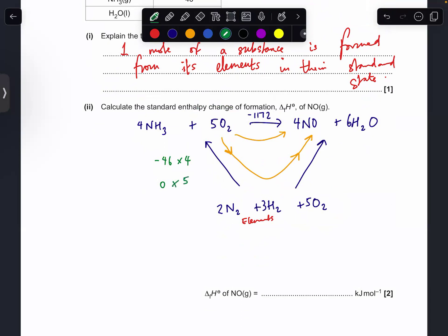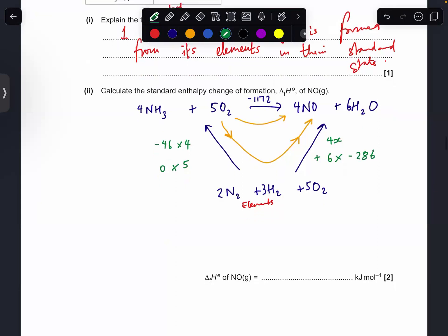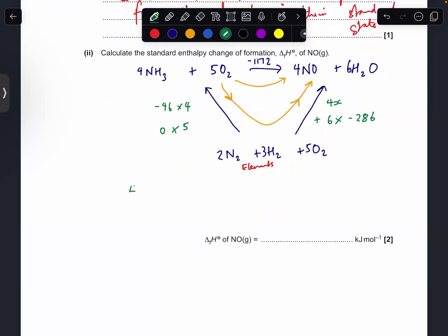And then for the products, you've got 4x. This is your nitrogen monoxide, what we're trying to work out, the enthalpy change of formation, plus 6 times water, which is minus 286. And so we'll write this down, products minus reactants, minus 46 times 4.